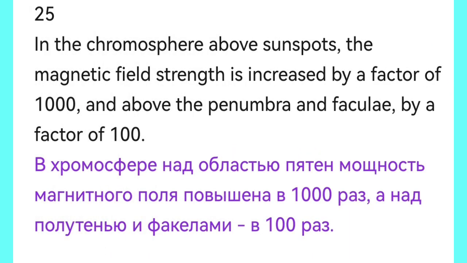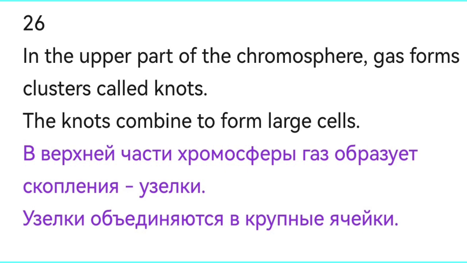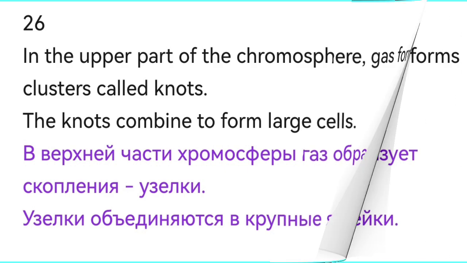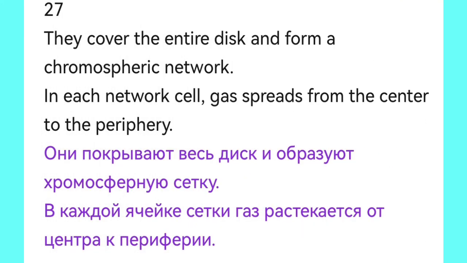In the chromosphere above sunspots, the magnetic field strength is increased by a factor of 1,000, and above the penumbra and faculae, by a factor of 100. In the upper part of the chromosphere, gas forms clusters called knots. The knots combine to form large cells. They cover the entire disk and form a chromospheric network.